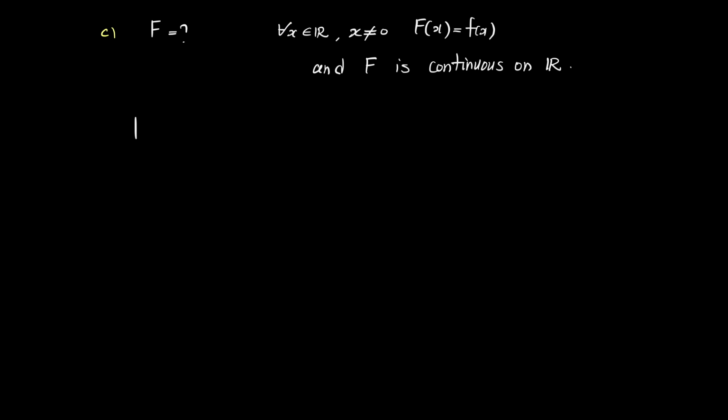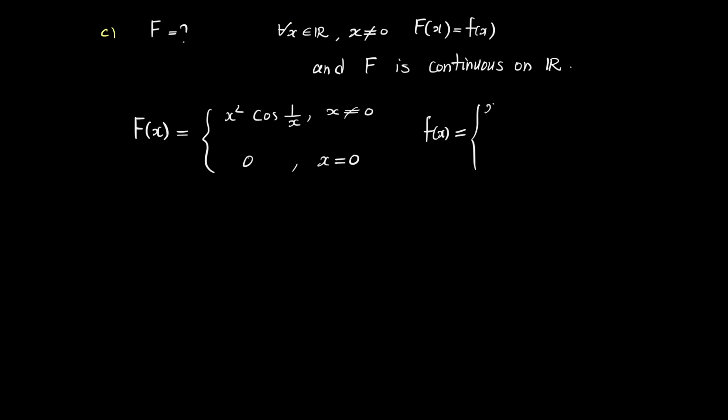It is enough to define the function capital F of x to be equal to x squared cosine 1 over x if x is not equal to 0, but 0 if x is equal to 0. Okay? Let me write the function little f here also in front of you.